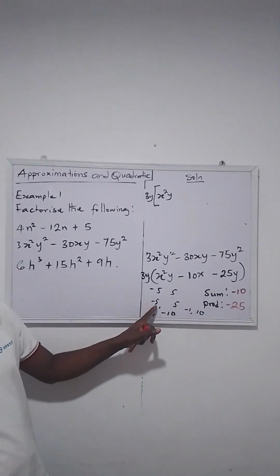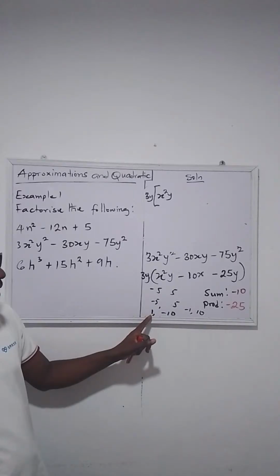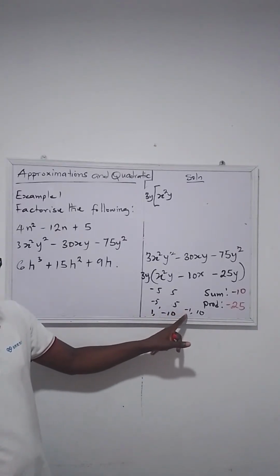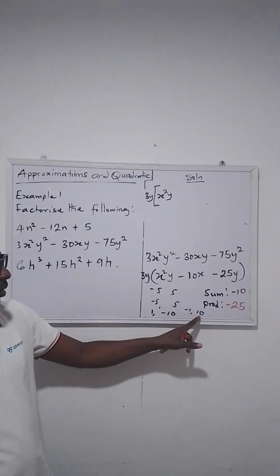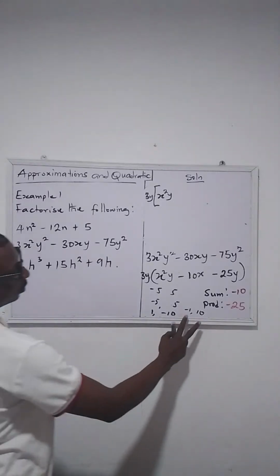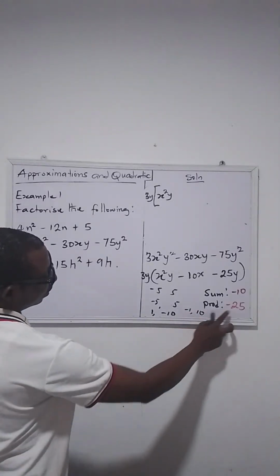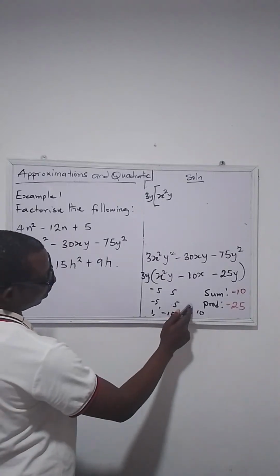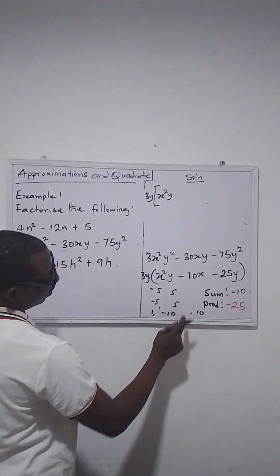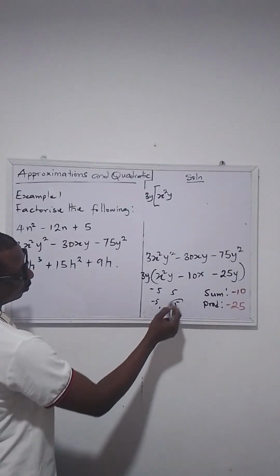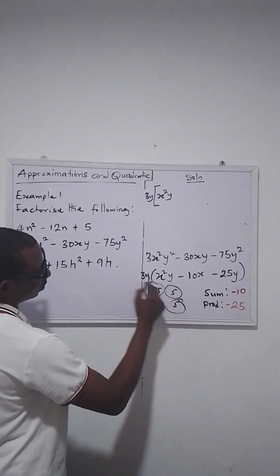Or we have 1 and negative 10, and negative 1 and 10. So see that when you multiply this together, is it going to give us this? No, it's not going to give us that. It's not going to work there.